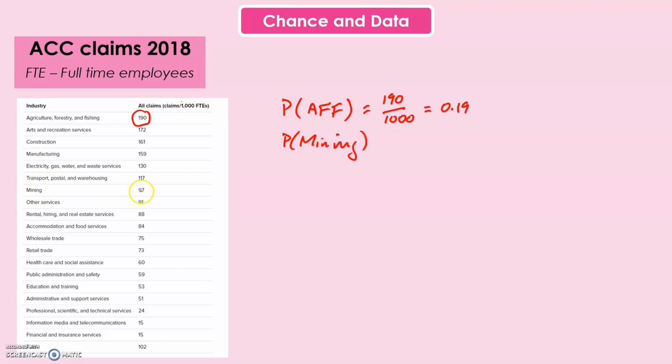Mining is 97, which is equal to 97 over 1,000, which is equal to 0.097. So straight away we can see that you're twice as likely to be injured from agriculture, forestry, or fishing than mining, which is rather surprising how dangerous that is. Luckily for me, teaching's way down there, which is about a quarter of the probability for forestry and fishing.